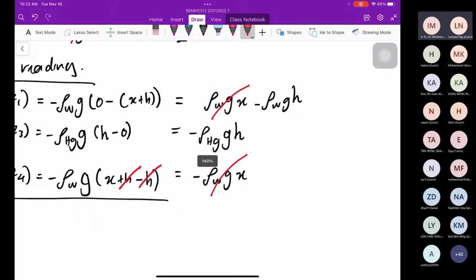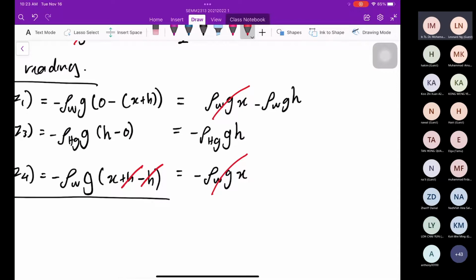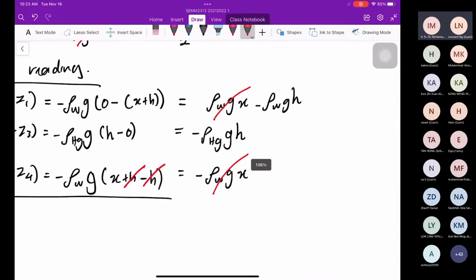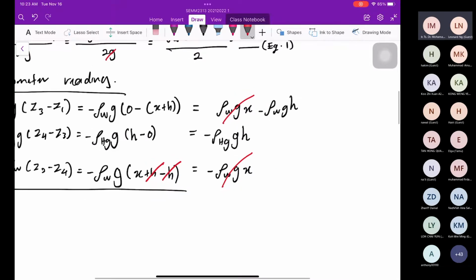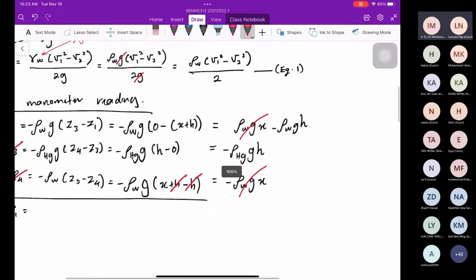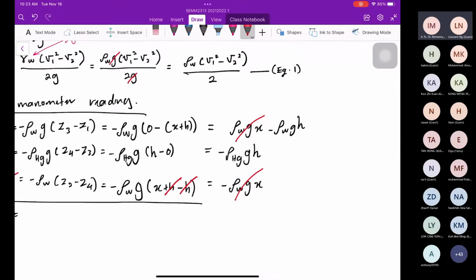Alright. Okay, let's double check. Negative, 0, minus, plus. Okay, good.